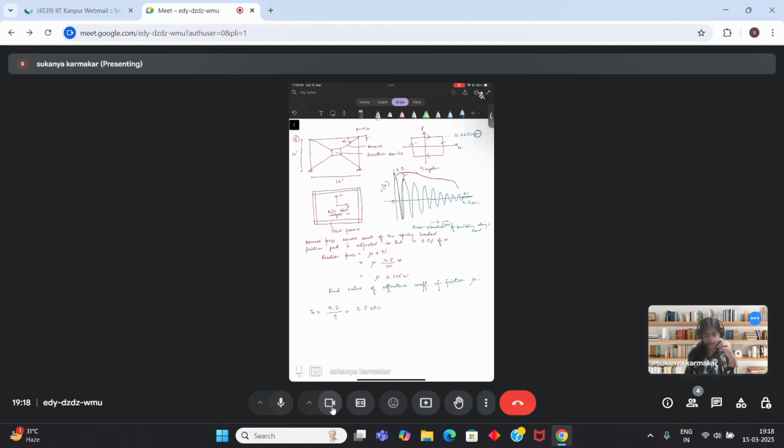So for UF, when we studied Coulomb damping, Coulomb damped free vibration, can anyone define UF?